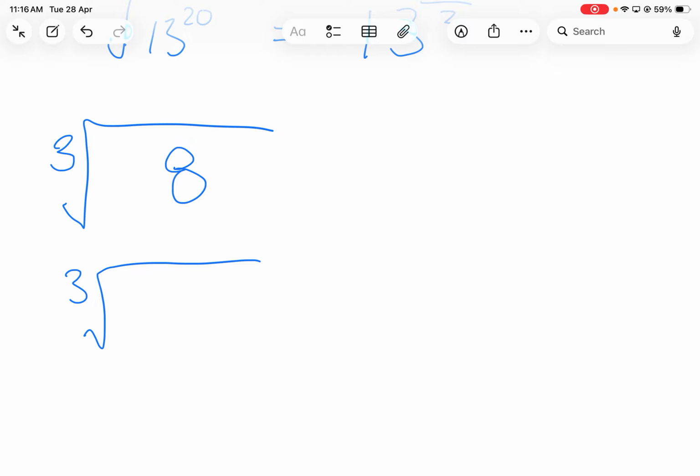So 8 is actually 2 times 2 times 2. Which is why cube root of 8 is 2. Okay? When we are square rooting, we equally divide this into 2. But when we are cube rooting, we divide this into 3.